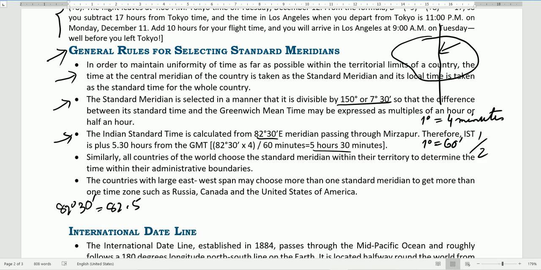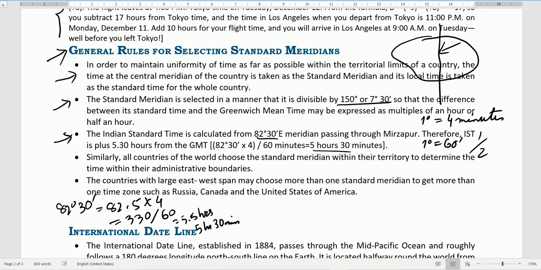So we may take this 82 degrees 30 minutes as 82.5, and if you multiply it by 4, it becomes 330, and if you divide it by 60 to get hours, it becomes 5.5 hours. That is 5 hours 30 minutes.